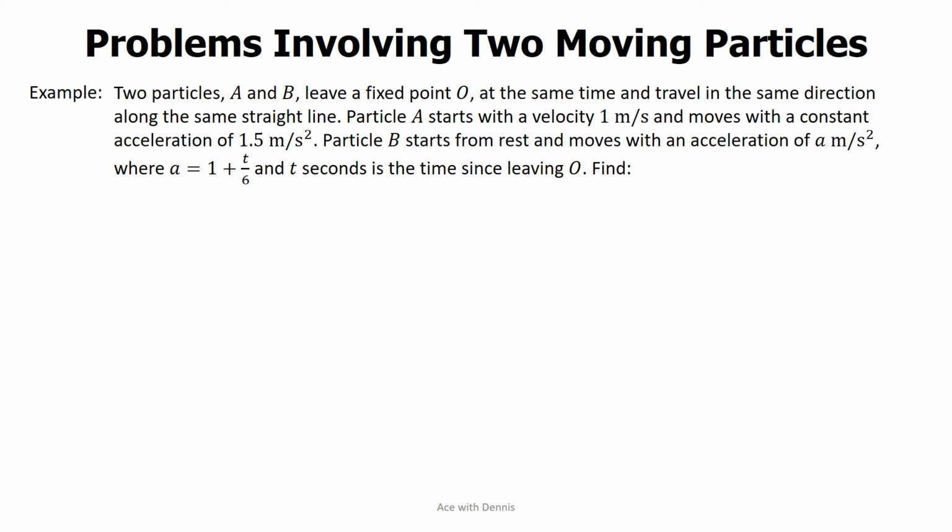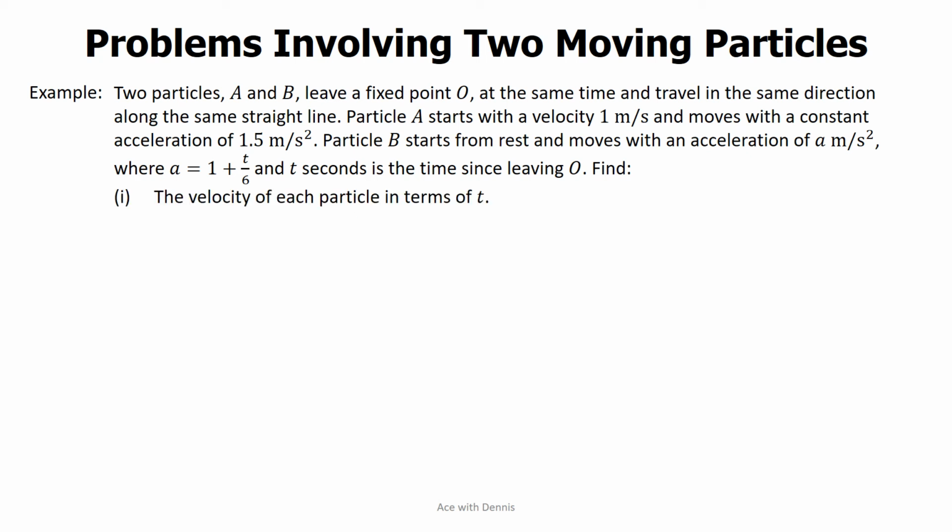Particle A starts with a velocity 1 meter per second and moves with a constant acceleration of 1.5 meters per second squared. Particle B starts from rest and moves with an acceleration of a meters per second squared, where a equals 1 plus t over 6 and t seconds is the time since leaving O.